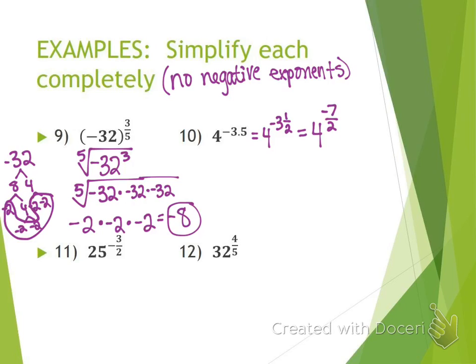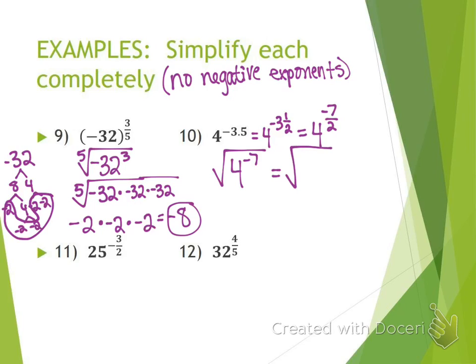Okay, so let's change it now into a radical. What is my index? 2. Index is from the denominator, so I'm taking a square root, and my exponent on that 4 should be negative 7. But we don't want, nor do we really know how to deal with, a negative exponent in this sense.